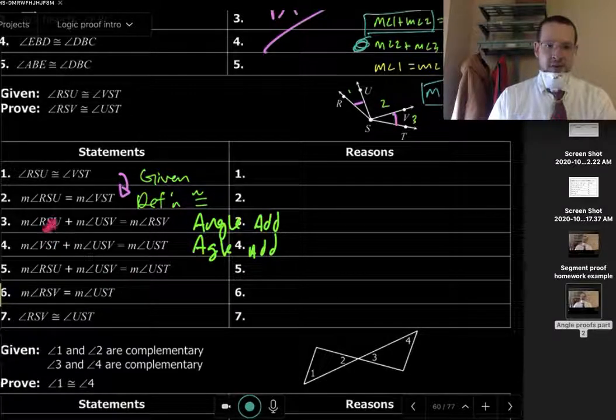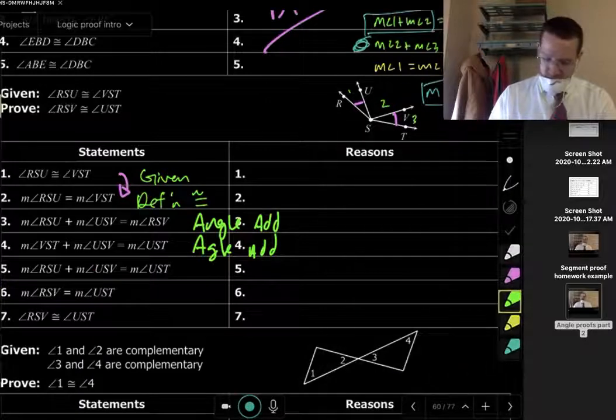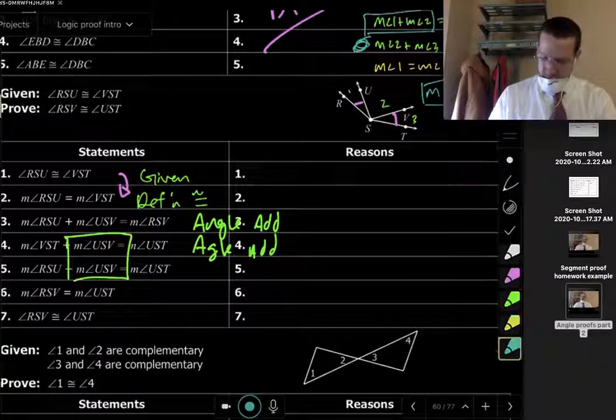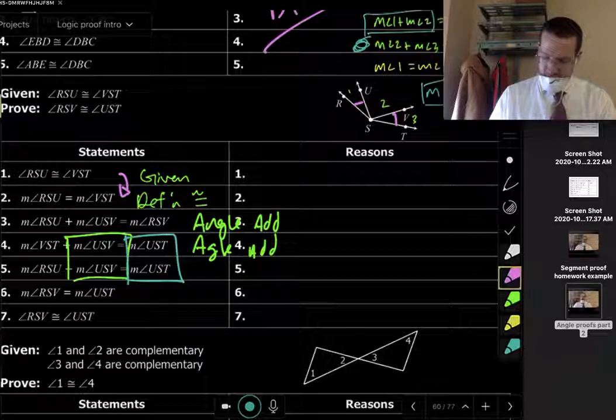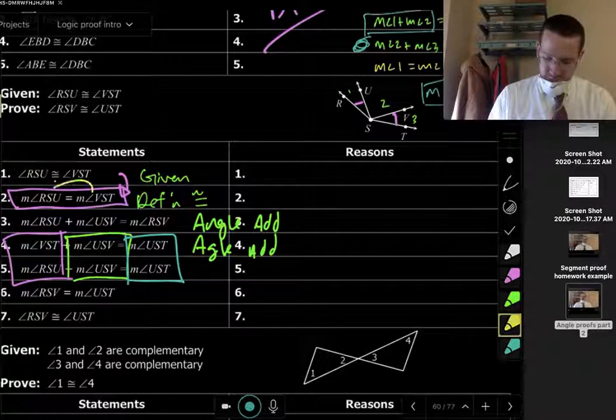The tough part is you have to think about what's changed. So RSU, VST, RSU. It looks like going from 4 to 5, these two are still the same. These two are still the same. And this one changed. And why did that change? Well, because there was a substitution. Because VST is RSU.